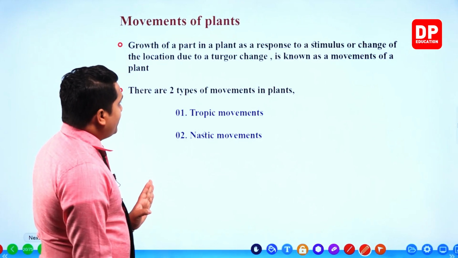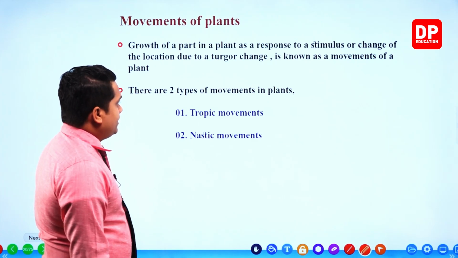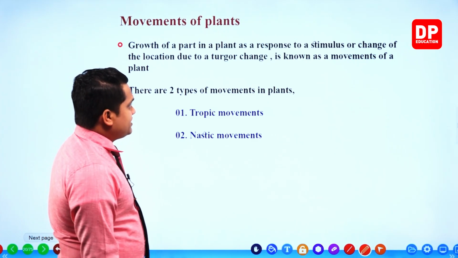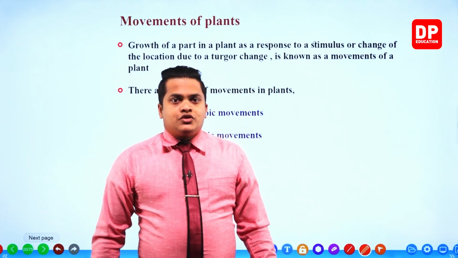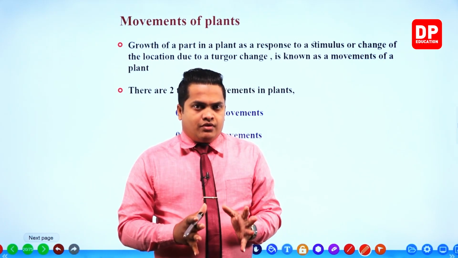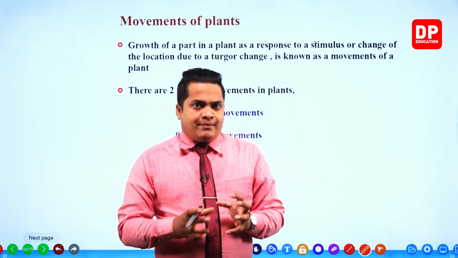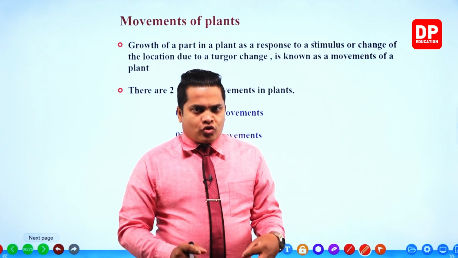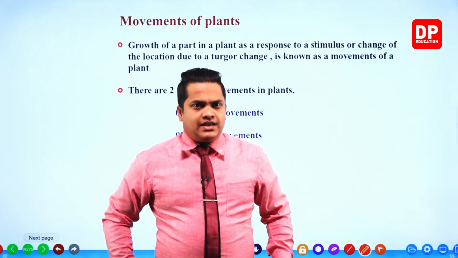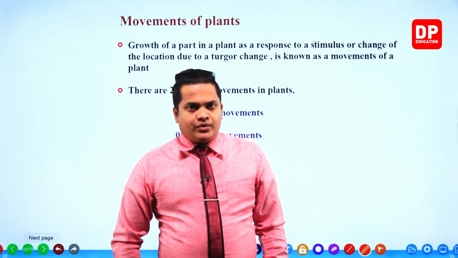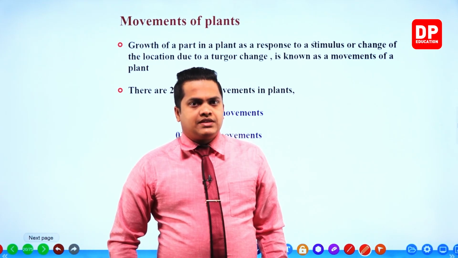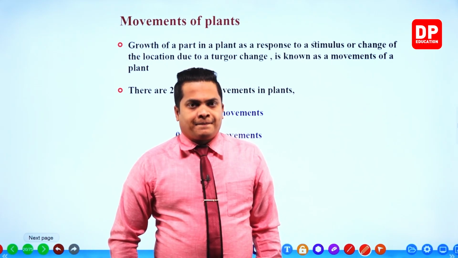So, growth of a part in a plant as a response to a stimulus. You know that the apex of the plant is going to grow always towards the light, my dear children.